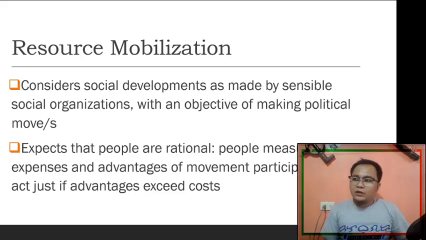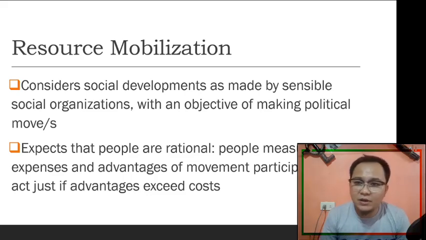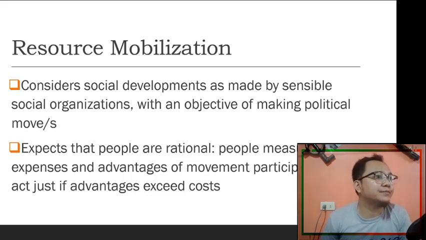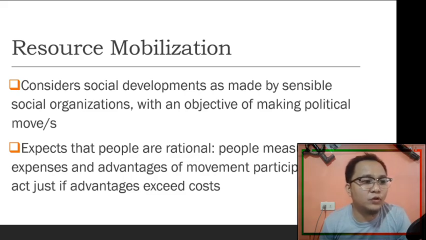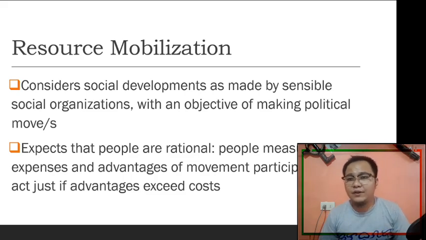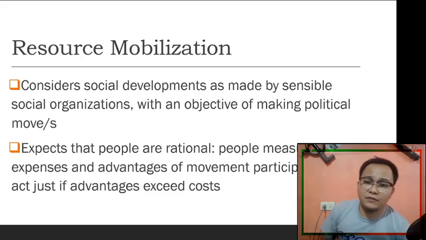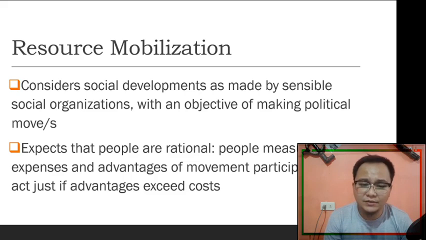Meaning, sumasali ka sa mga volunteer donation drive for those affected by a series of typhoons na mga kababayan natin sa buong Luzon and even sa Visayas, no? Primarily sa Bicol at sa Region 2, na itong pagsama mo dito, because again, people are rational, you are sound, objective individuals, you're doing this because it's based on reason, rationality.